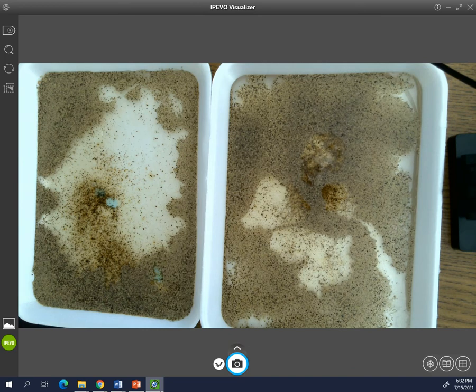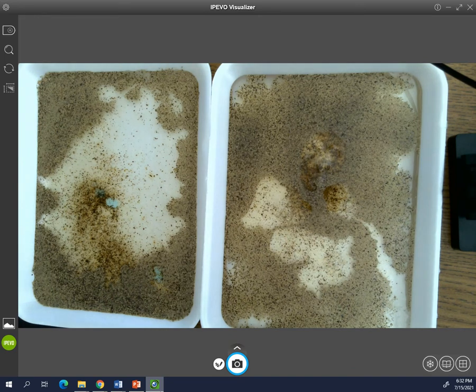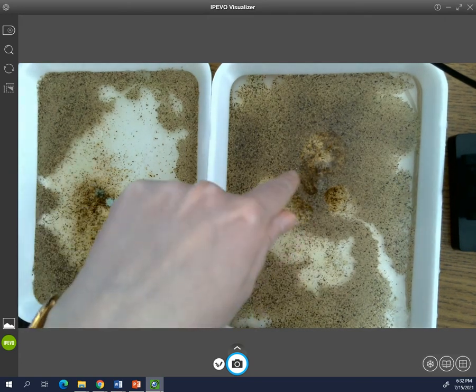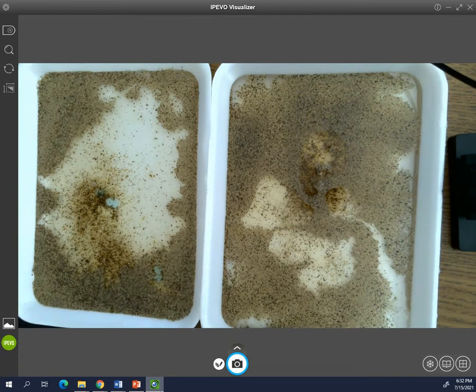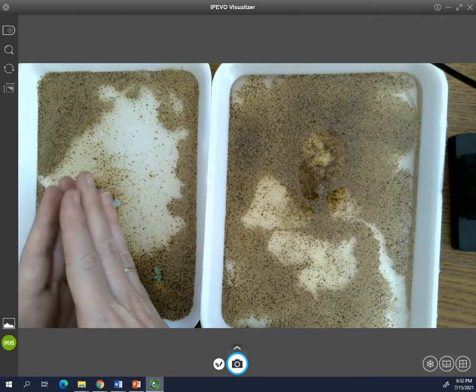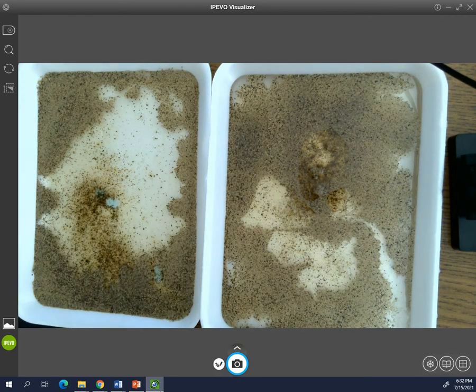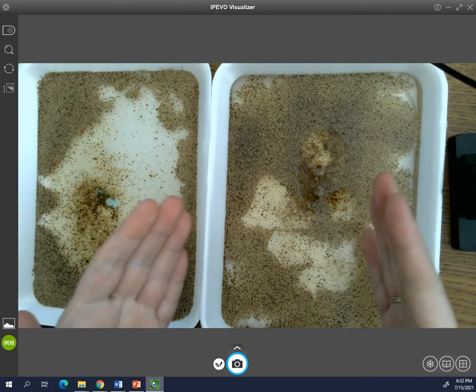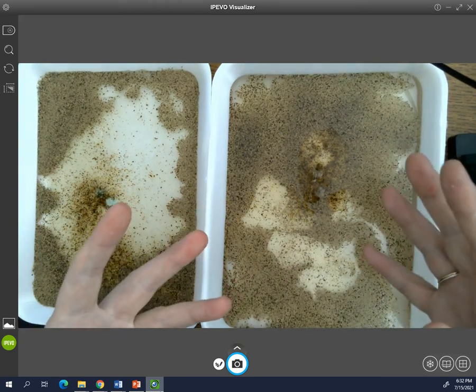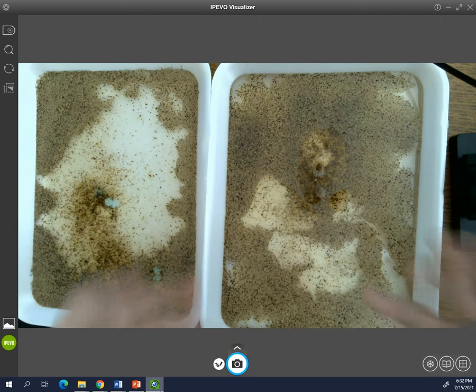Okay, so I think I put in too much pepper, because a lot of that sunk to the bottom. But looking at these two plates here, the one with the soap dispersed it the most in this case. But if we look at the hand sanitizer, it did disperse the pepper here.